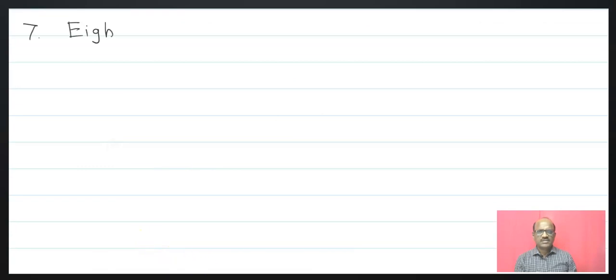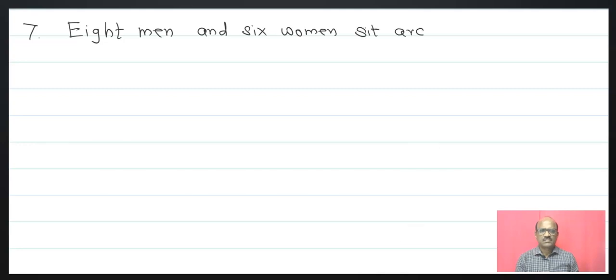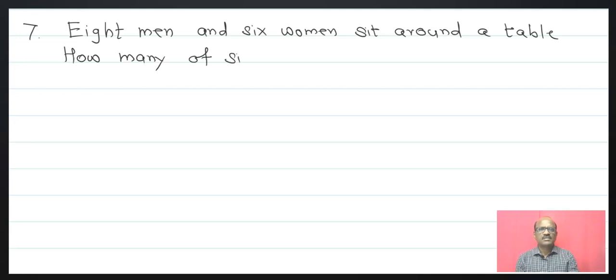Next is question number 7. 8 men and 6 women sit around a table.